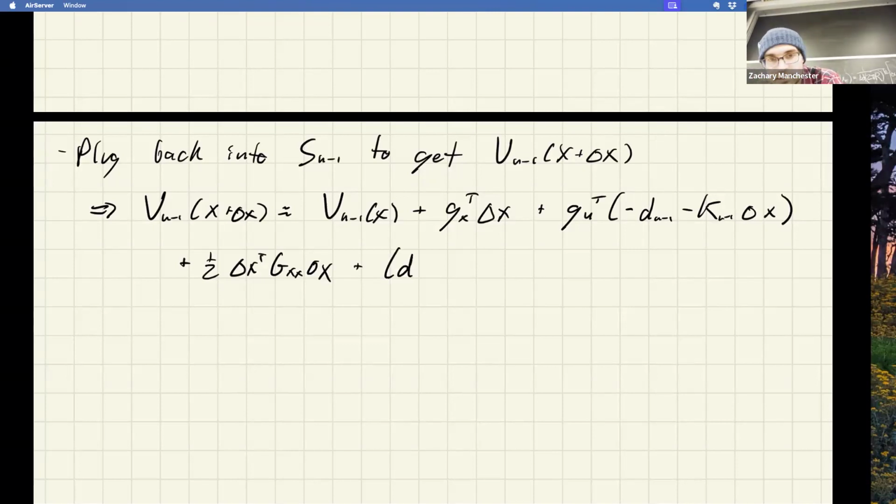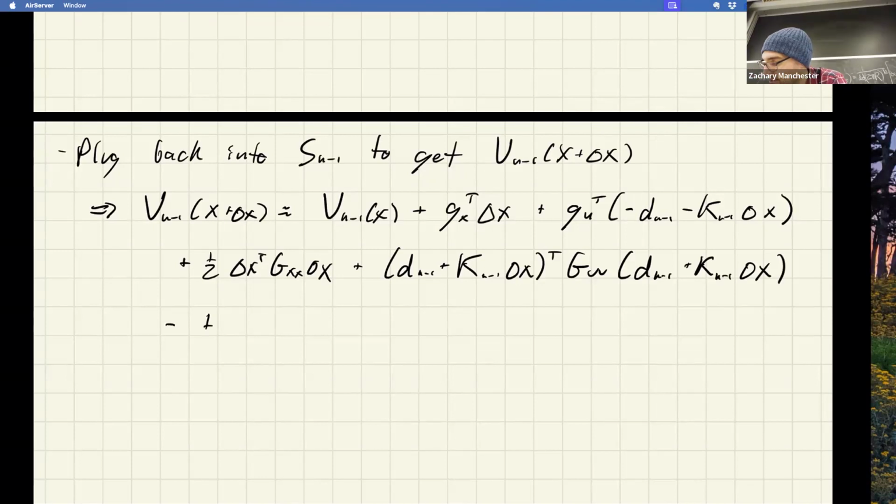So I've got the D, K, delta X times G U U, same stuff. Subscripts get really annoying to write. And then, yeah, those mixed terms, blah, blah, blah.